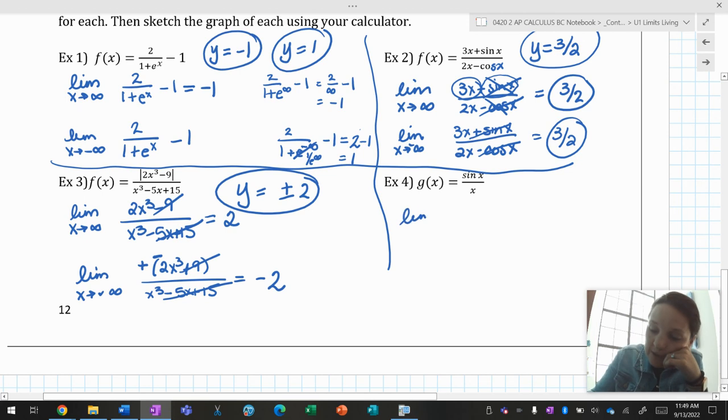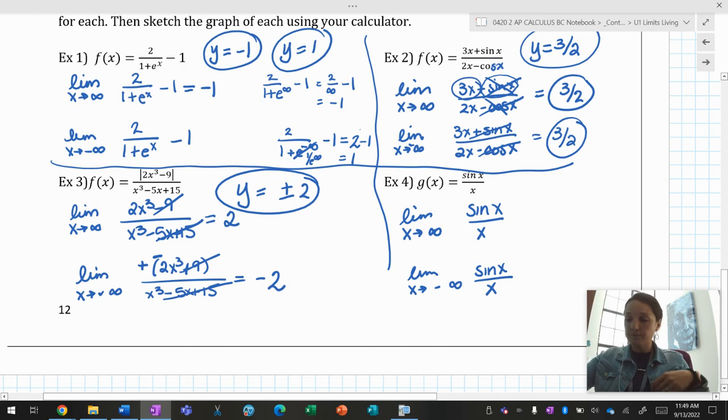And then last but not least, as x approaches infinity, sine x over x, and negative infinity, sine x over x. Well, as x approaches infinity, my numerator is sticking between plus and minus 1, and my denominator is going toward infinity. So I have plus or minus 1 divided by infinity. This is heading towards 0. As a matter of fact, this is also heading towards 0.